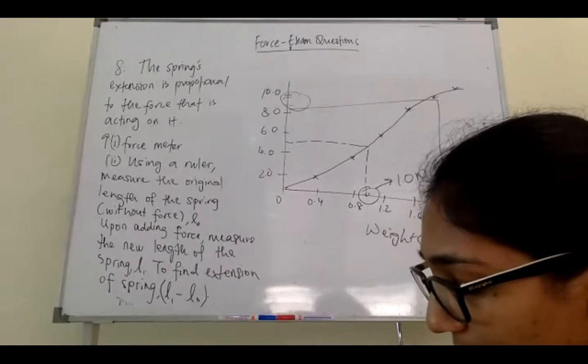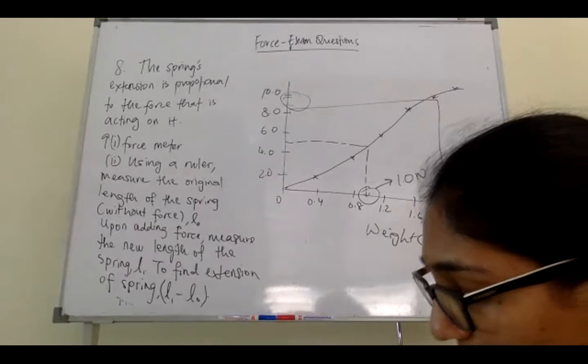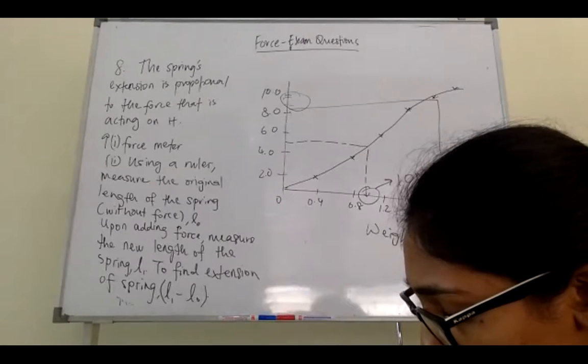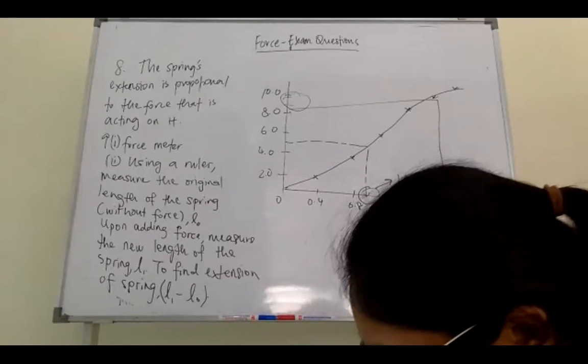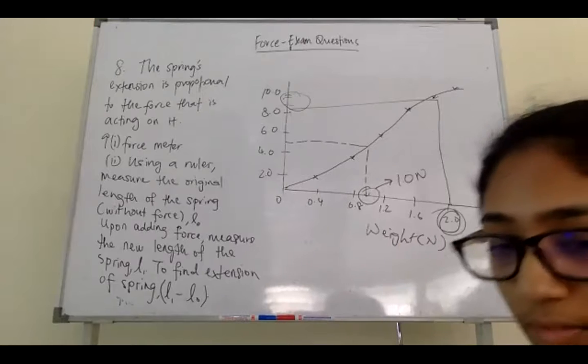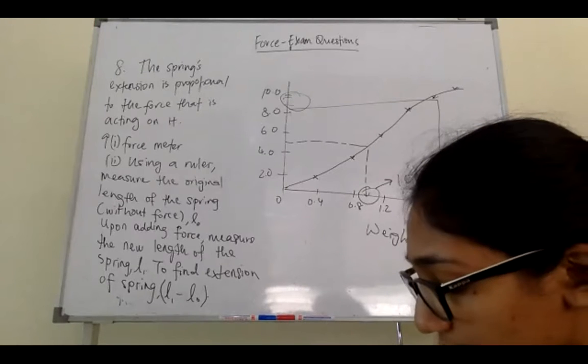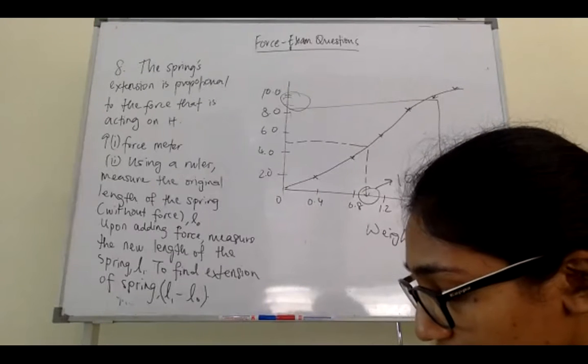Okay, Thomas's is 7. What do you all get? 7 newtons. 7 also. Okay, Isabel, yours is okay, your graph is okay.